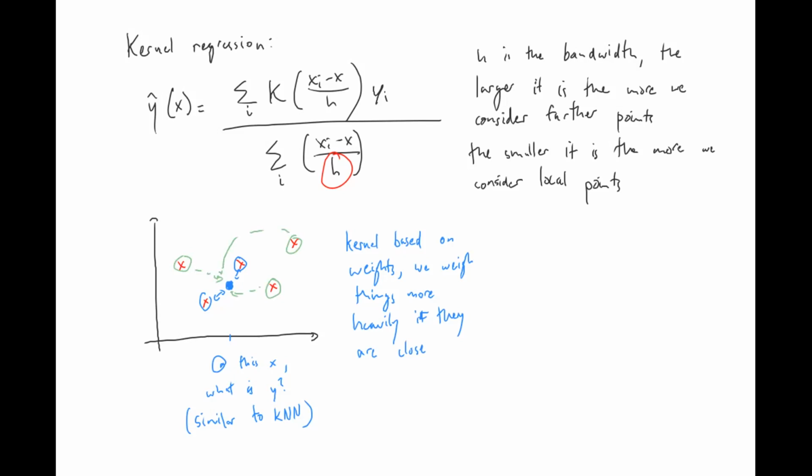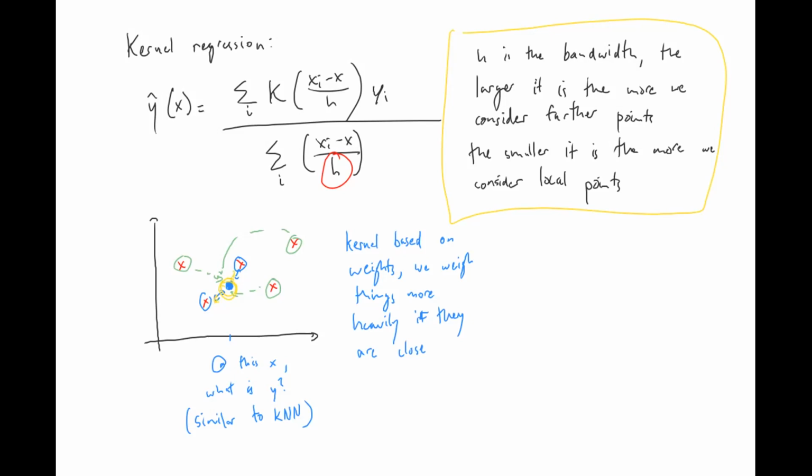And so that goes back to this idea of the bandwidth, right? And so if you were to consider just the local points with a small bandwidth, you can imagine that this point here wants to be close to these guys.